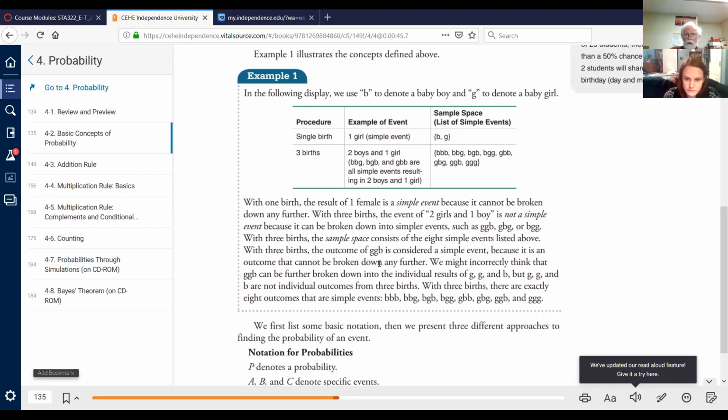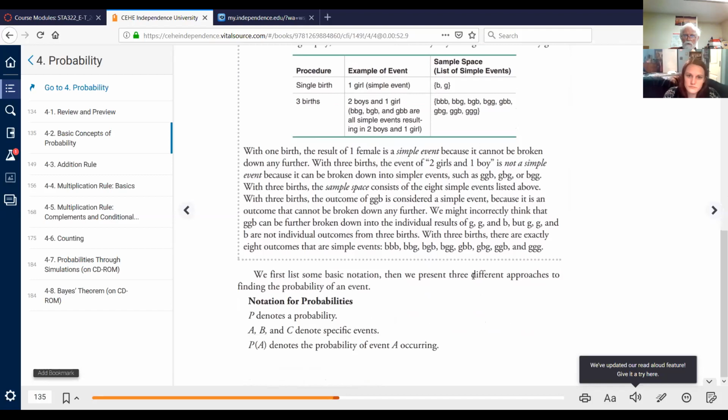Each set of 3 would be one procedure, so it can happen in any of these orders. So again, it's all about definition and all about understanding exactly what you're looking at.